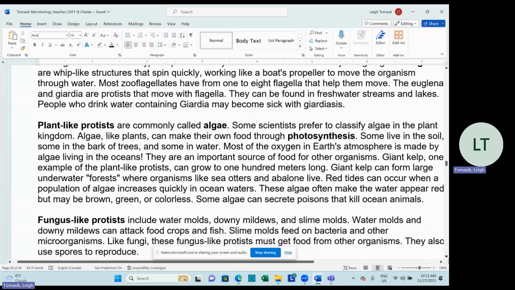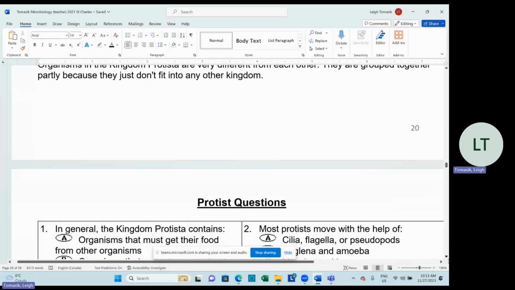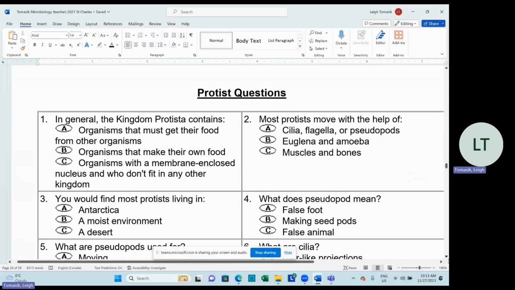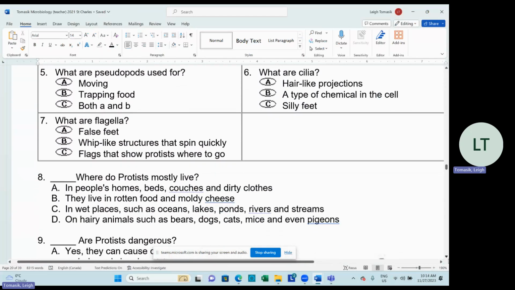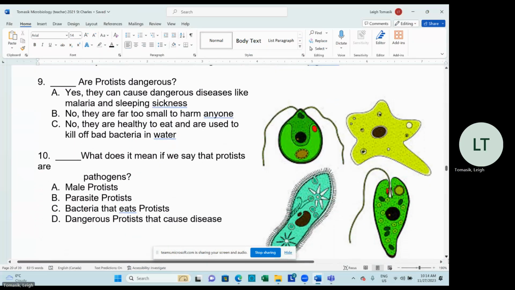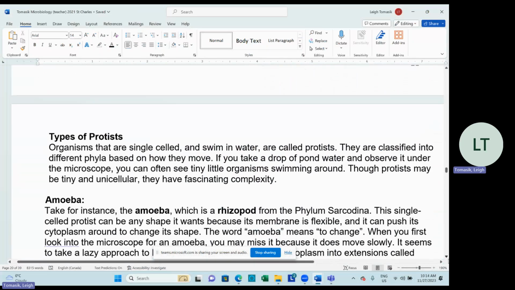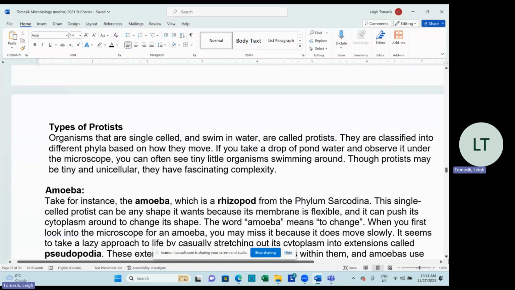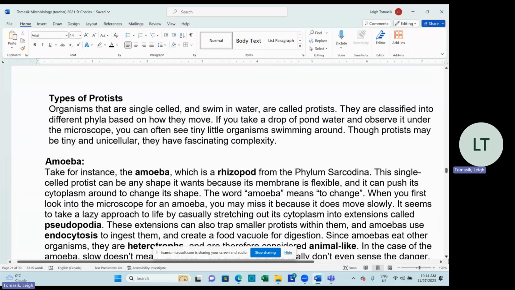This is very much like what we went through in our lesson, and then there are some multiple choice questions about protists, and then you can see if you can answer them. I'll throw the answers up on the LMS.